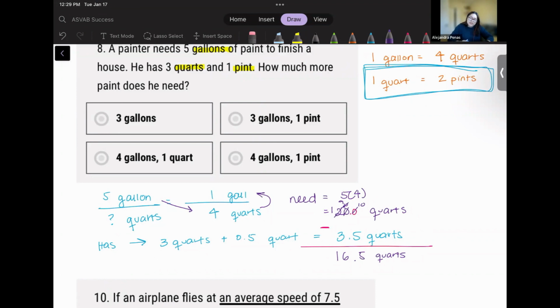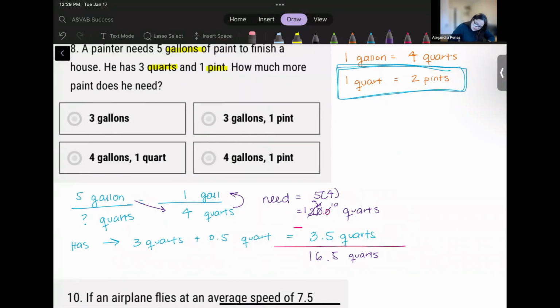All of your answer choices are in gallons. So we need to change that back to gallons. Let's do that. So we have 16.5 quarts. So we know 16 quarts, and this 0.5 quarts.